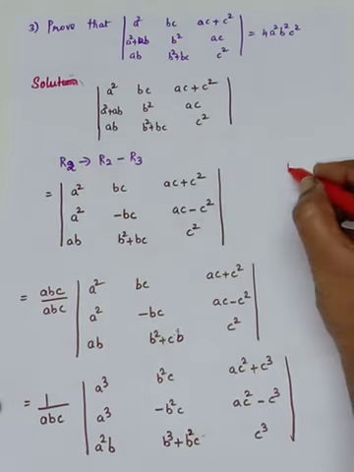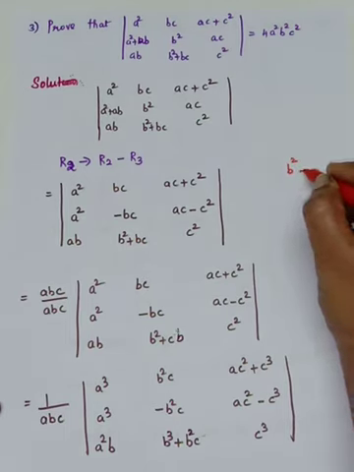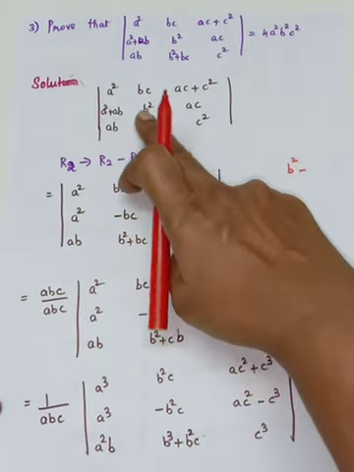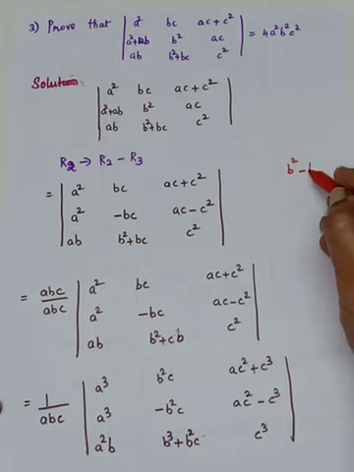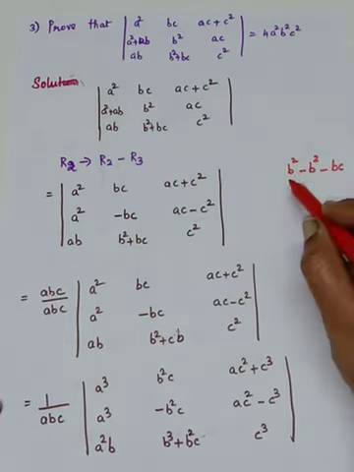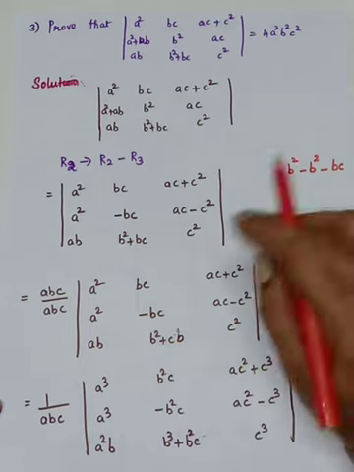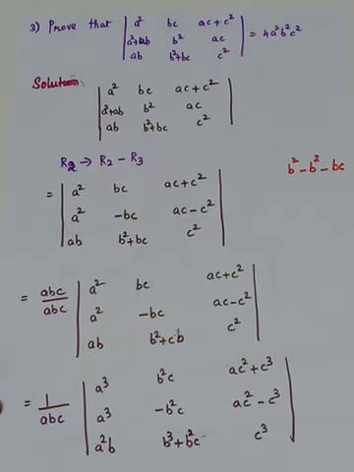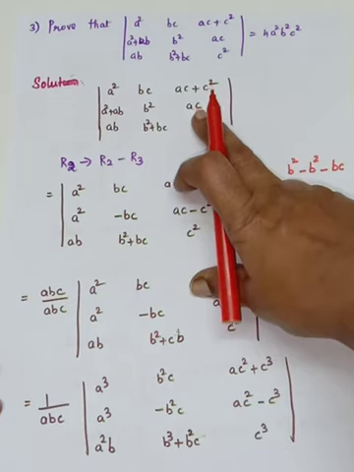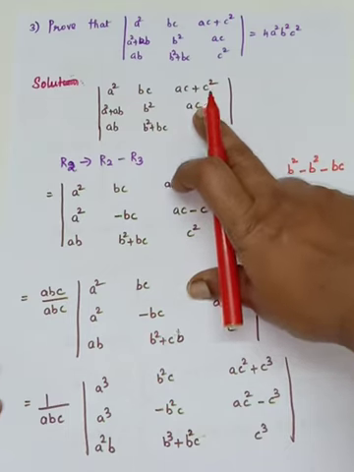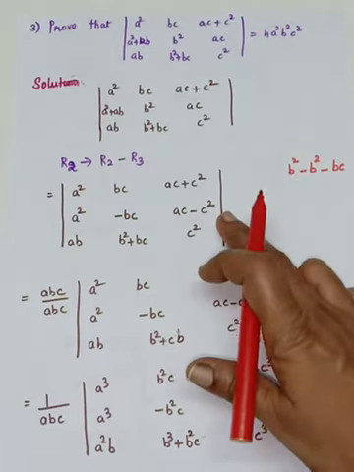B squared, it is R2 minus R3. R3 has two elements, so the minus has to be applied. So minus B squared minus BC. So plus B squared and minus B squared getting cancelled, you will have minus BC. And come here, the third element of R2 is AC. So AC minus C squared.